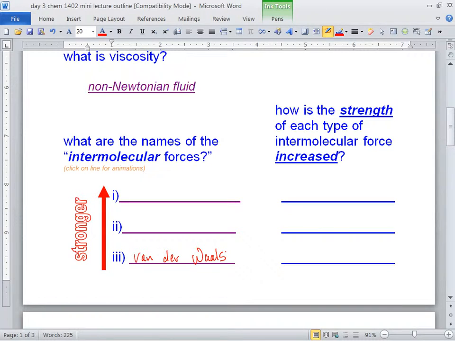Van der Waals. Van der Waals. And they also call it, yeah, we should put all the names on there. Very good. Thank you for saying that. London. They also call it, starts with a D. No, that's going to be another one. Dispersion. So I guess we put these in parentheses. They're all the same thing.